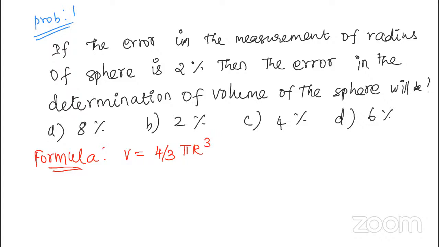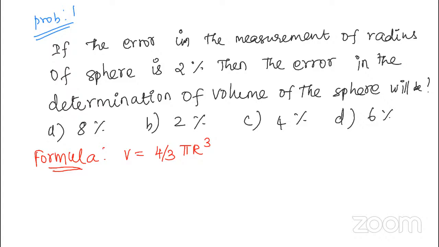From the equation we want to calculate the percentage error, which is delta x1 divided by x1 into 100. Here they are asking only the error in the determination of volume of the sphere.